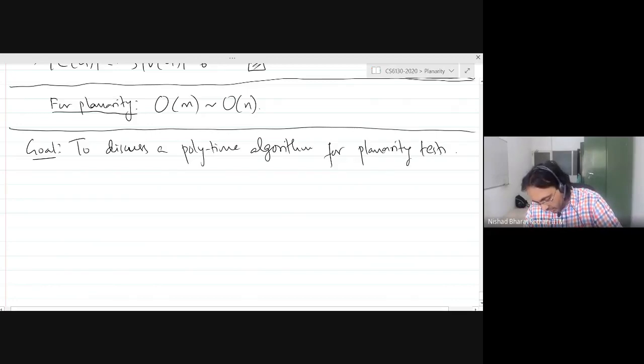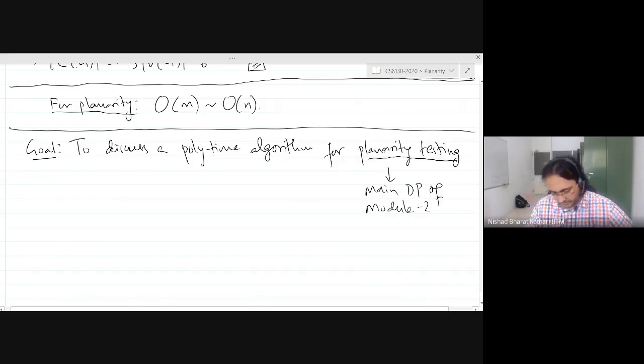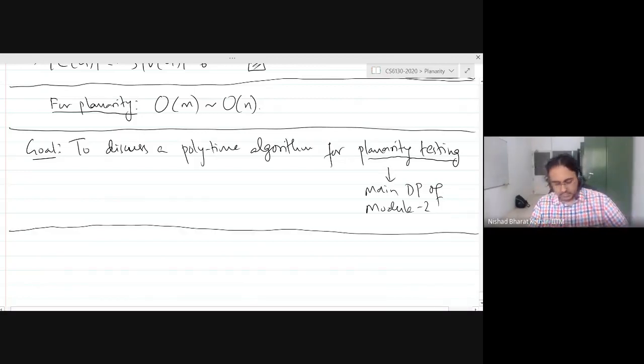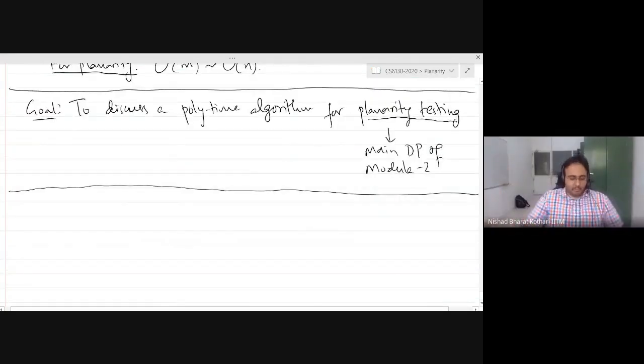So this is generally called planarity testing in the literature. So our main decision problem of module 2. This is our next goal for the next 2 or 3 lectures, including today. Are there any questions before we embark on this fascinating journey?